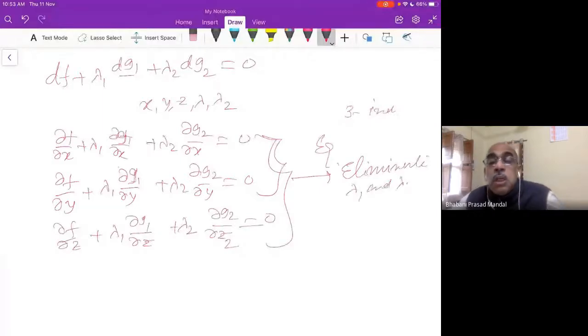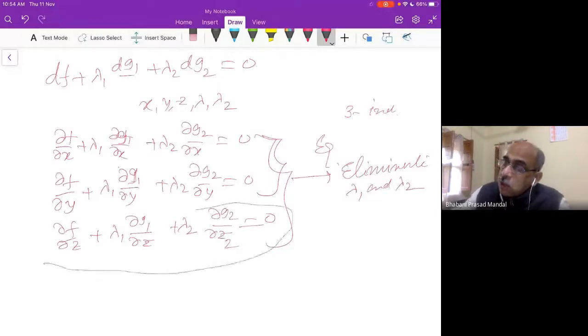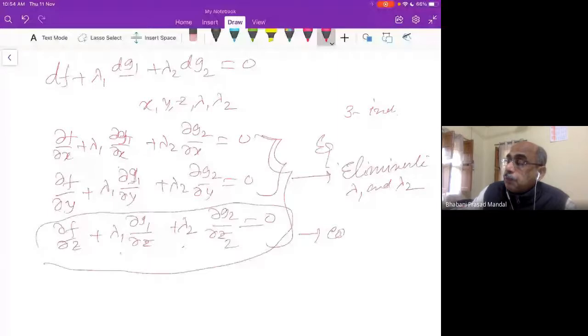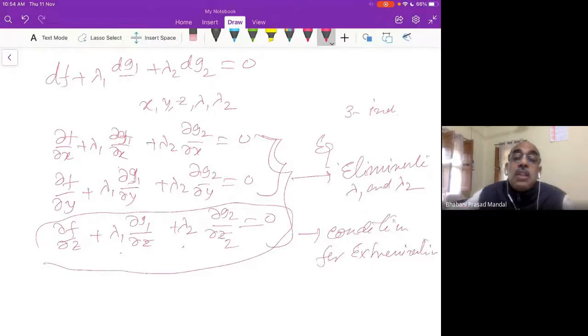We don't need to find lambda 1, lambda 2, we just eliminate. Then in the final equation we substitute, and we get the condition for extremization. Okay. So this is the Lagrange multipliers method.